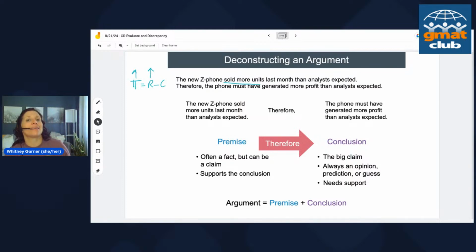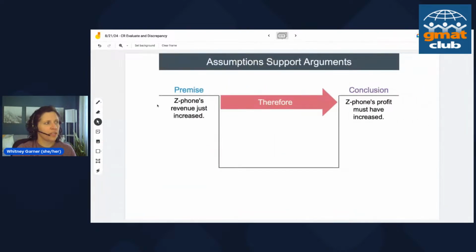One way I like to think of an argument is almost like we're trying to connect premise to conclusion like a bridge. In order to get from our premise over to our conclusion, there's this therefore bridge that needs supporting. It needs to have some support, some actual bridge supports, right?